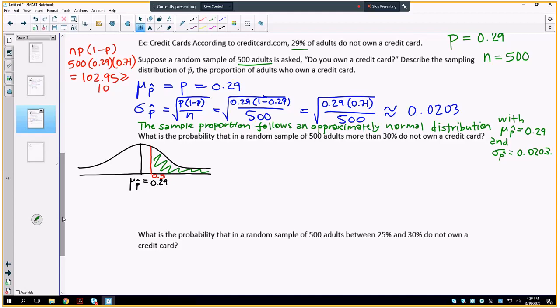As usual, we need a z-score, and we'll find the z-score exactly the same way as in the other problems. Z sub 0.3, except now I'm going to say this is p hat, 0.3, and I subtract mu sub p hat, the mean of the sampling distribution of the proportion, 0.29, and then I divide by the standard deviation of the sampling distribution of the proportion, and that's 0.0203.